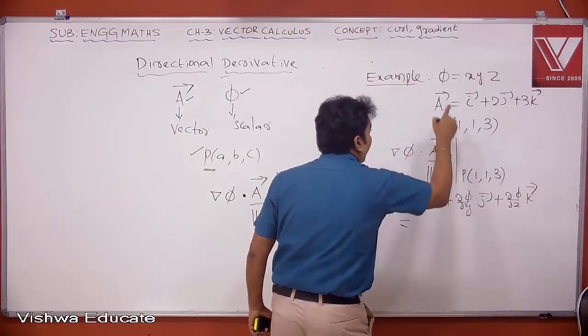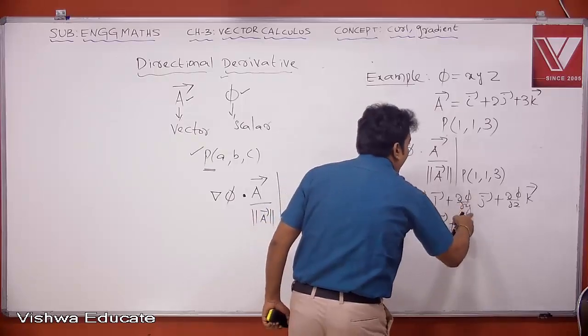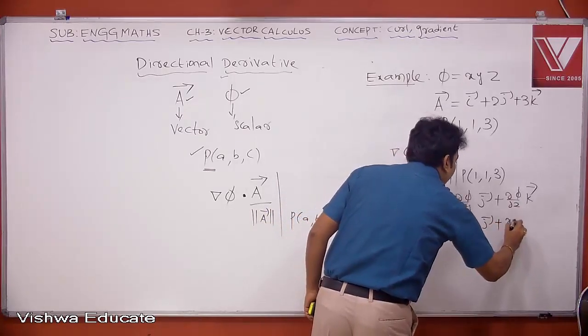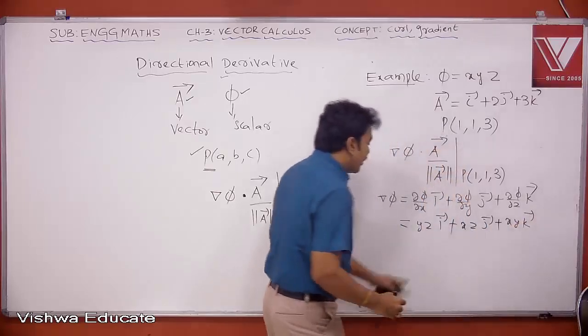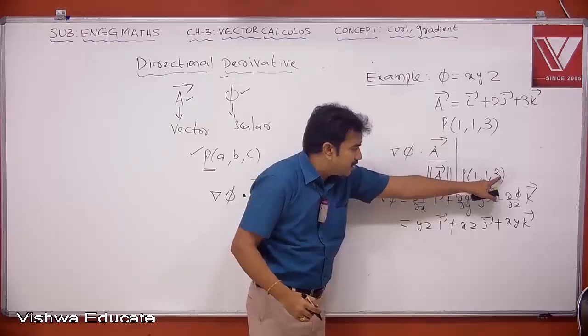Now here dou phi by dou x is yz, so yz i bar, dou phi by dou y is xz, dou phi by dou z is xy. Now here itself you replace x, y, z by these values. x is 1, y is 1, z is 3.